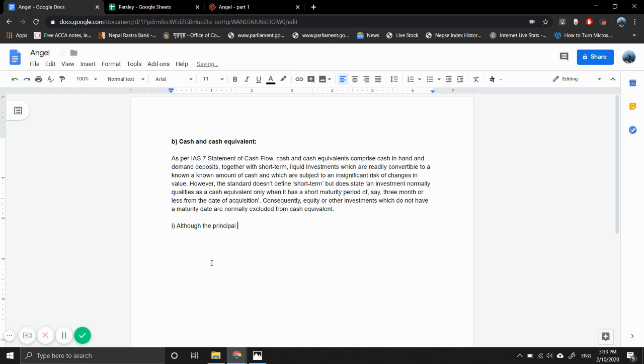Although the principal, that is $3 million, will be recovered within 14 days, the entity will lose all accumulated interest over the period, which seems significant.